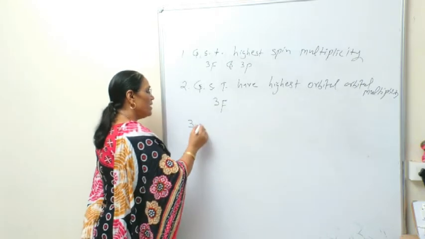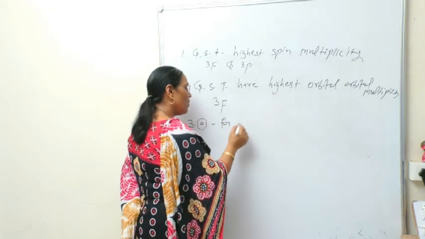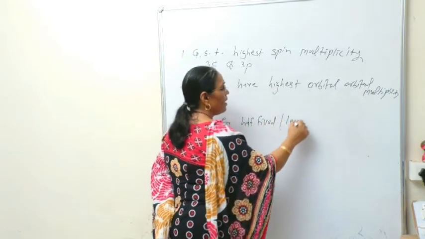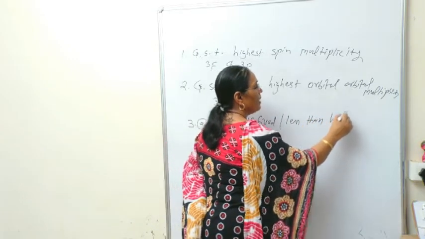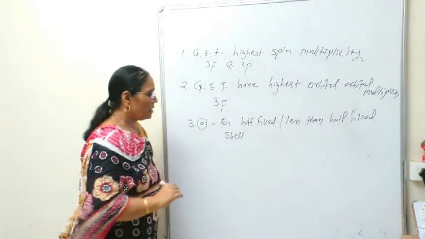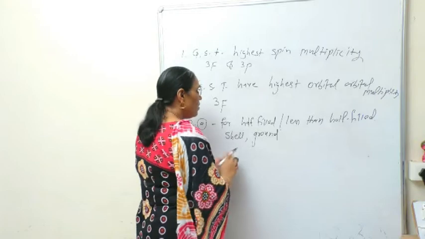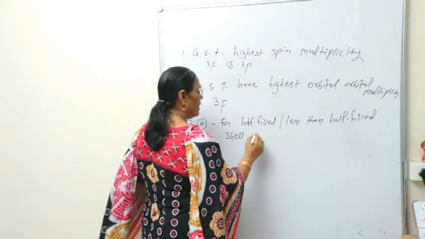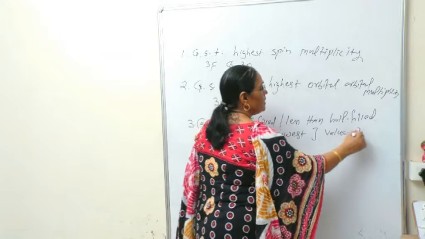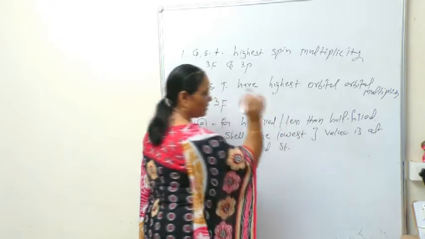For this, the first rule states that for the configuration which is half filled or less than half filled shell, that is energy level, the lowest J value is at ground state or has the lowest energy.